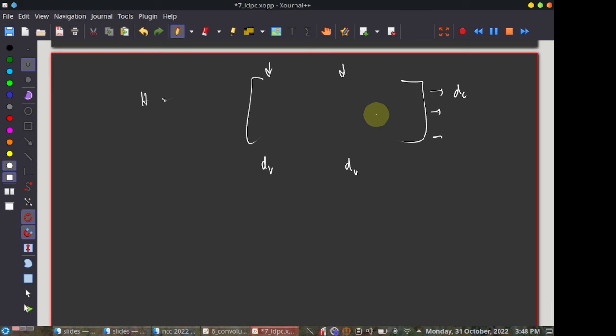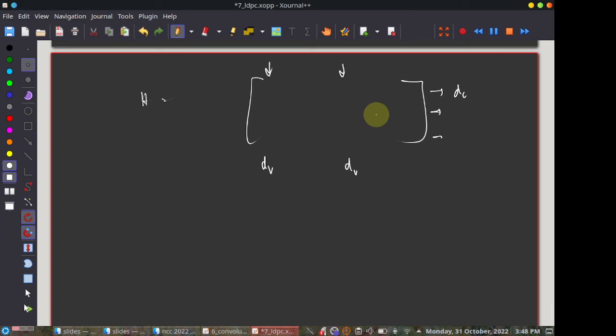Okay, so now suppose I wanted to randomly choose such a parity check matrix or such a factor graph. How would I do it? Any suggestions? I want to generate a parity check matrix such that every row has exactly DC ones, not less, not more.